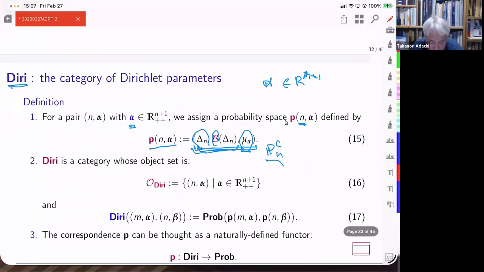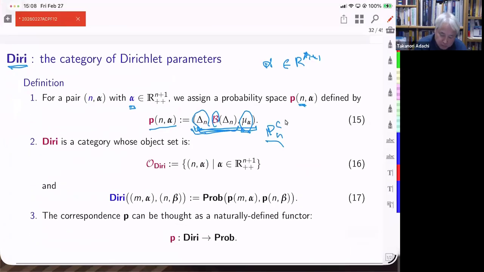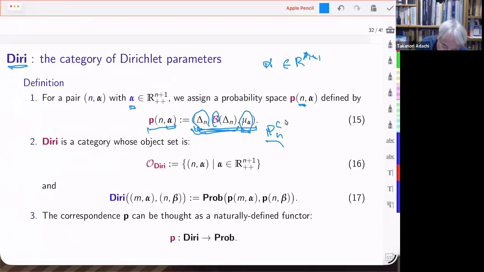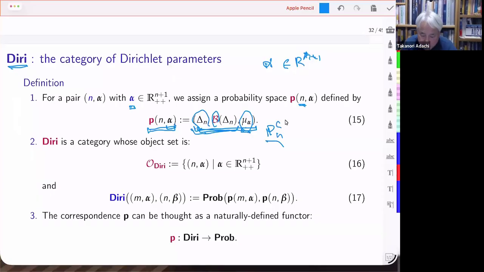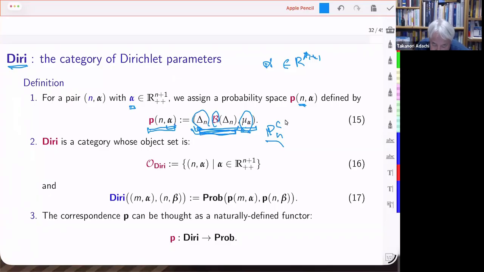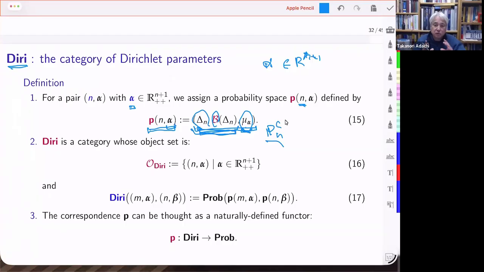So depending on alpha, we have a probability space. Even with the same measurable space, delta_n and its Borel sigma algebra, we can have many probability spaces by changing the parameter alpha. And mu_alpha specifies a probability measure according to the Dirichlet distribution.